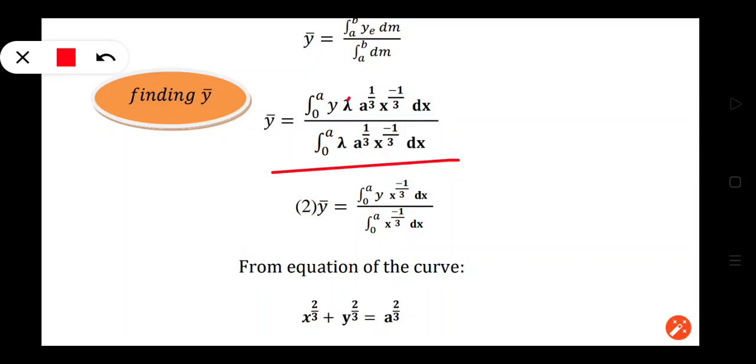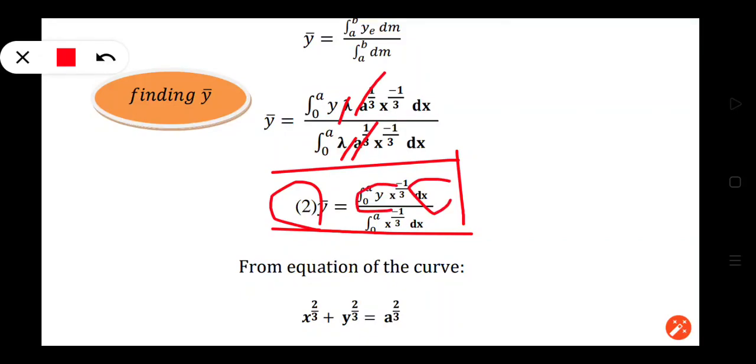We can cancel lambda with lambda and a power 1 over 3 with a power 1 over 3. So the integration will be from 0 to a of y times x power negative 1 over 3 dx over the integration from 0 to a of x power negative 1 over 3 dx. Let this relation be 2. We can do this integration in dx, and now we have y.